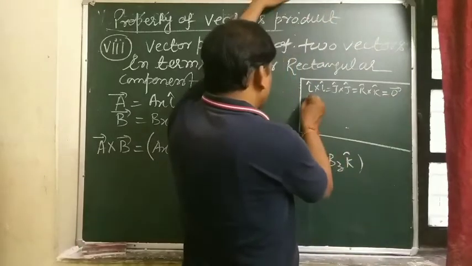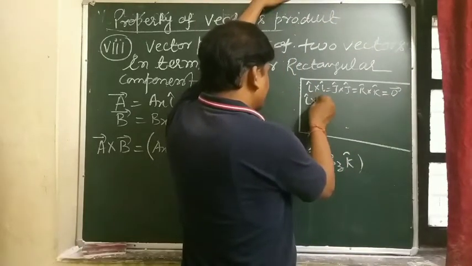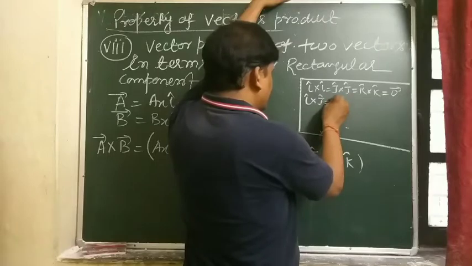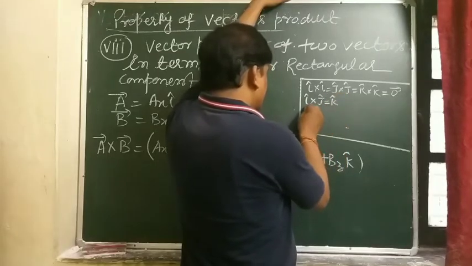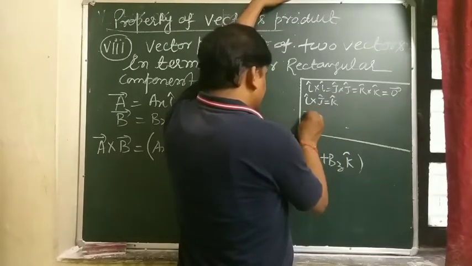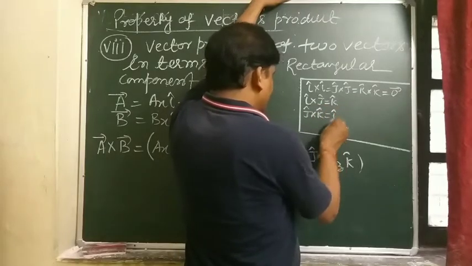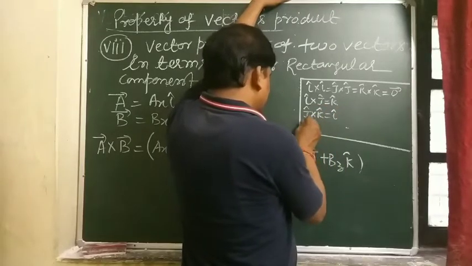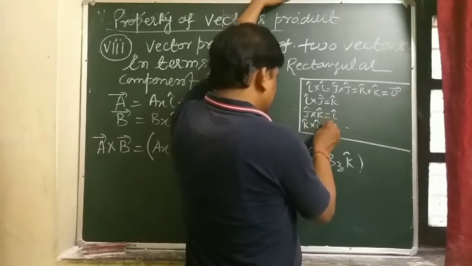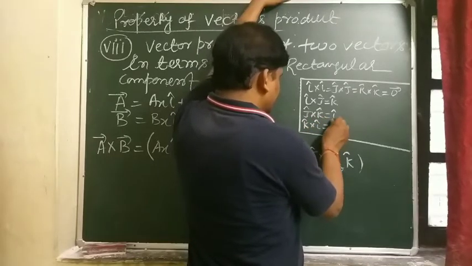And students, also you know that i cross j is k, and j cross k is positive i, and k cross i is j.